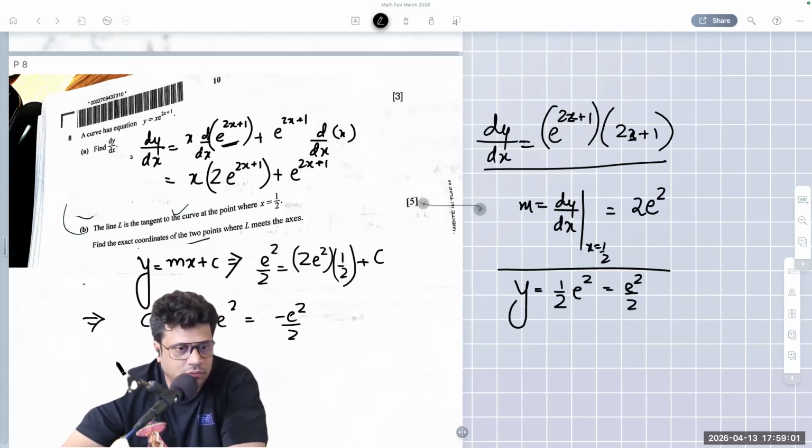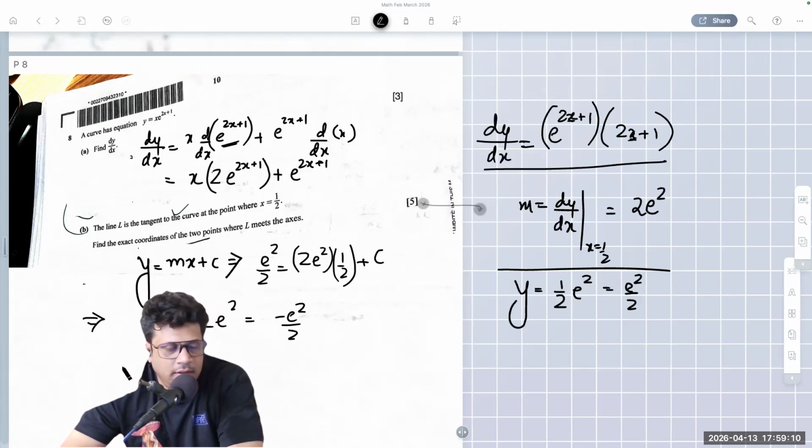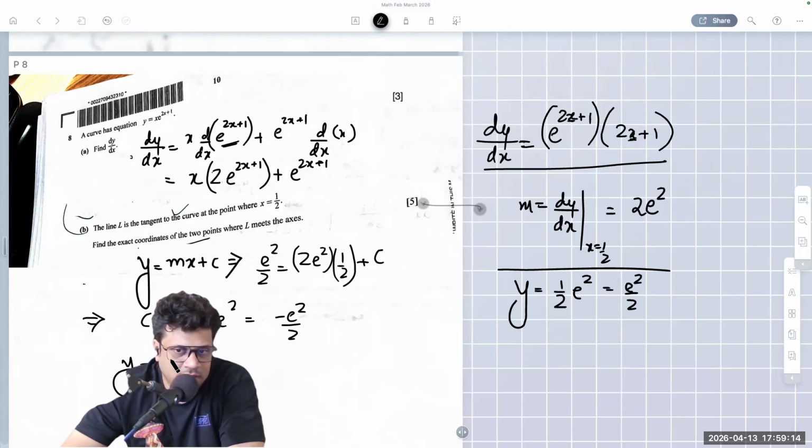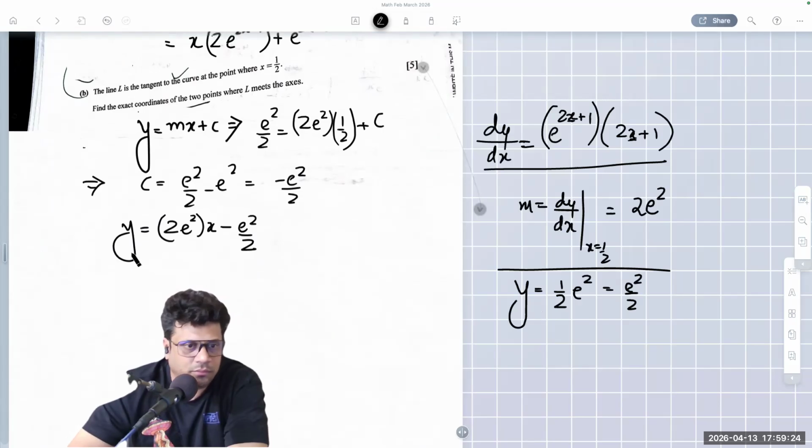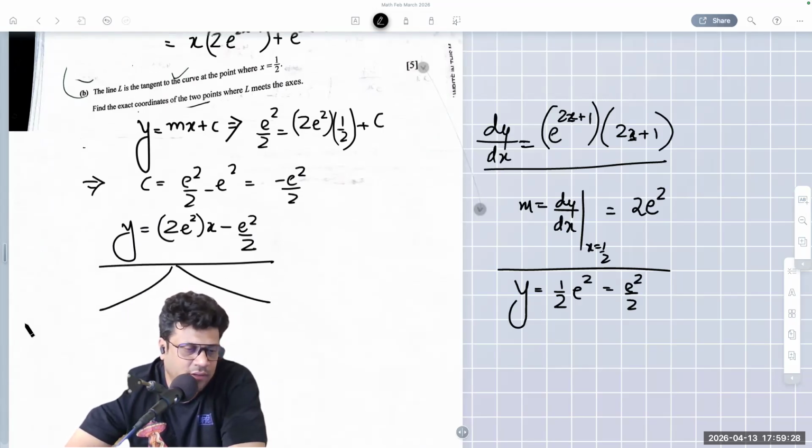Okay, so equation. Find the exact coordinates of the 2 points where the L meets the axes. Okay. So the equation of the tangent comes out to be y equal to mx plus c. Now the y-intercept of it and the x-intercept of it can be found.